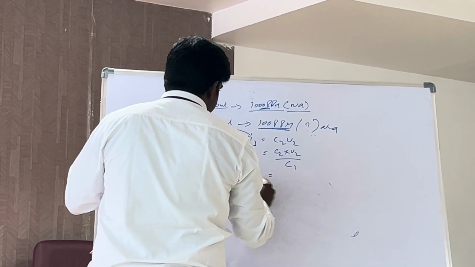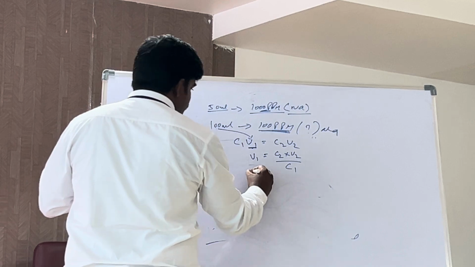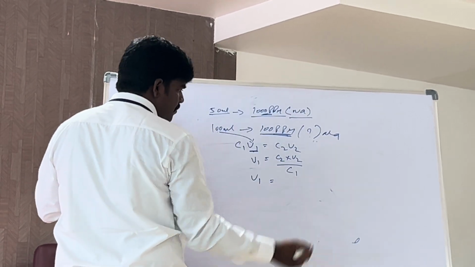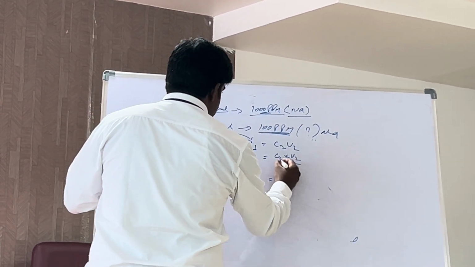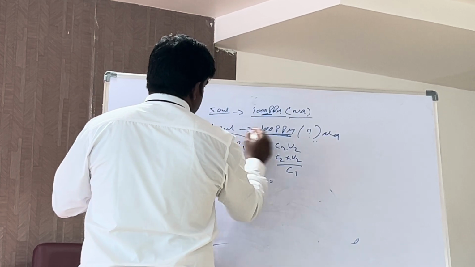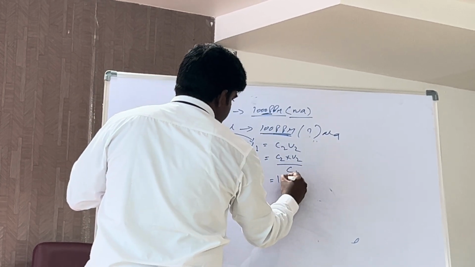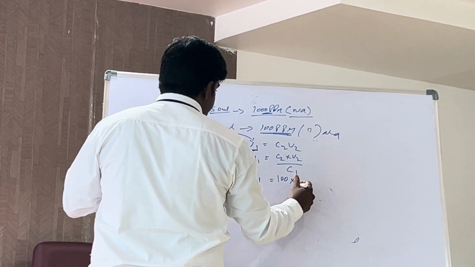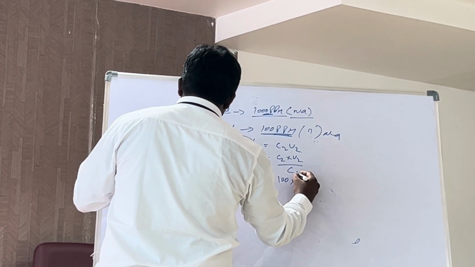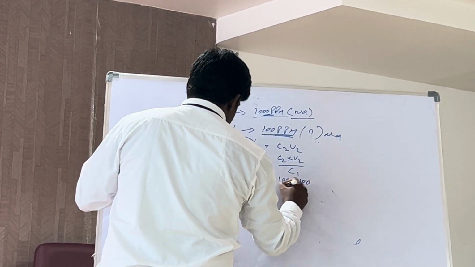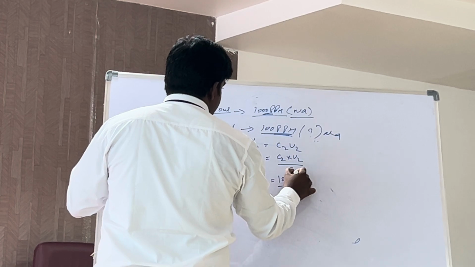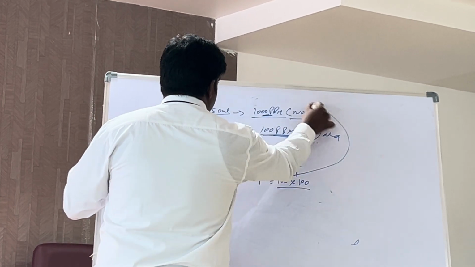Here V1 is how much quantity you require, which needs to be determined. C2 means concentration, 100 ppm you require. V2, how much volume? 100 ml. And C1, 1000.